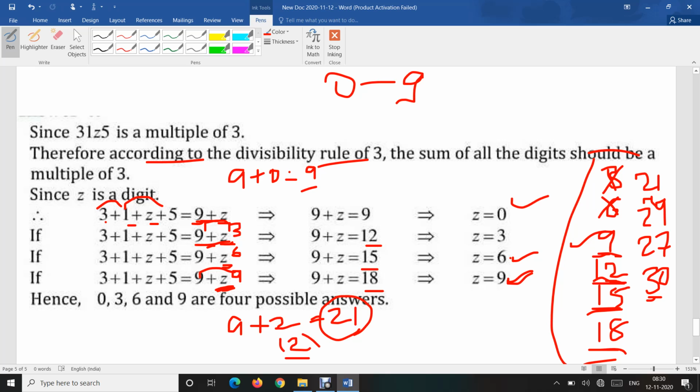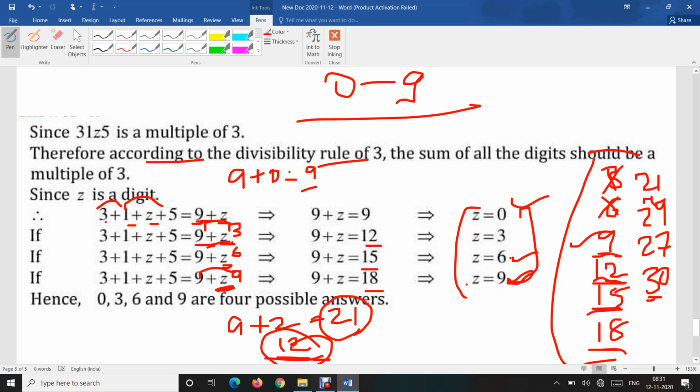But the value of z cannot be greater than 9, and 12 is greater than 9, because z is a digit, not a number. That's why z will vary from 0 to 9. So these four values can be the possible answers for this particular question. 0, 3, 6 and 9 are four possible answers.